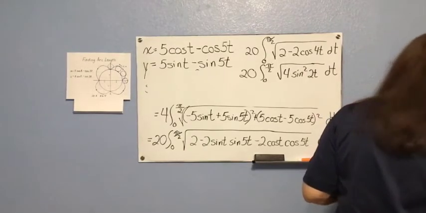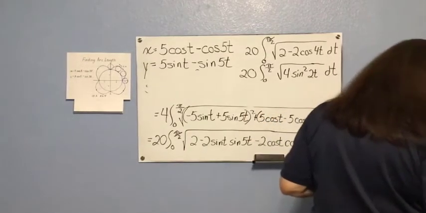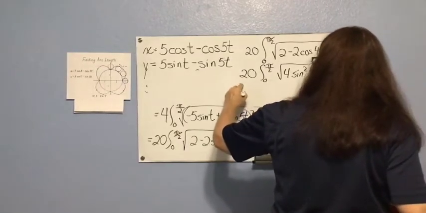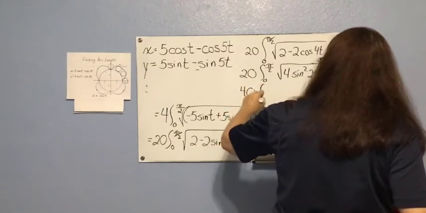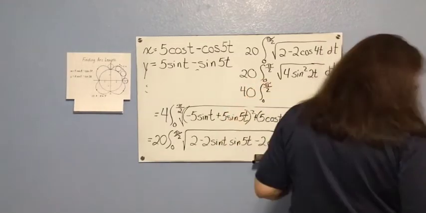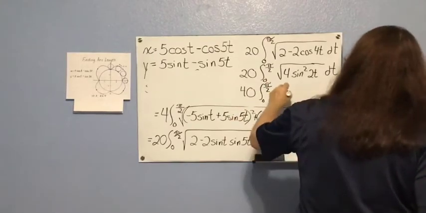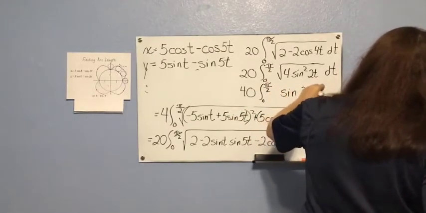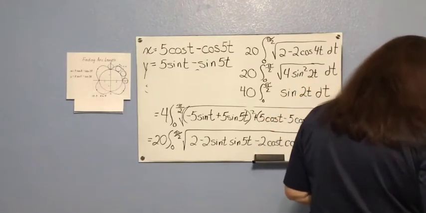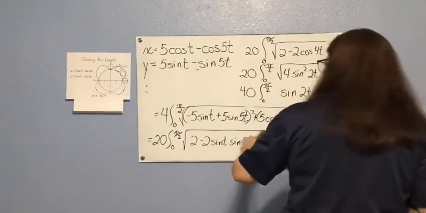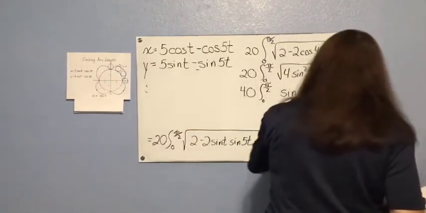Okay, and then when I take the square root of that, that's going to give me another factor of 2 out here, so I'll have 40 times the integral of sine of 2t dt. Okay, now I'm ready to actually integrate.